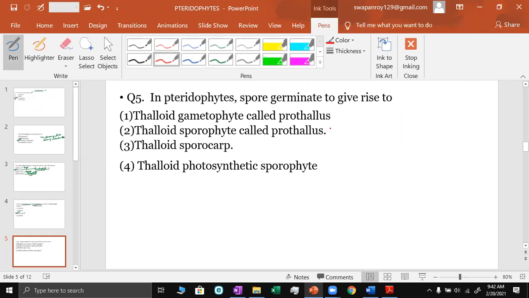In pteridophyte, the spore is a haploid structure, and a haploid structure gives a gametophyte. The gametophyte is haploid, so it produces a thalloid, meaning thallus-like, gametophyte. Thallus, remember, is not differentiated into true leaf, stem, and root. So the thalloid gametophyte is also known as prothallus.